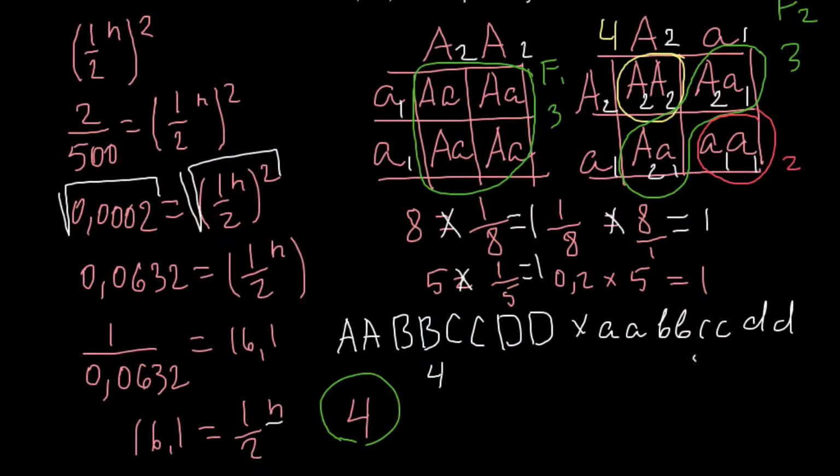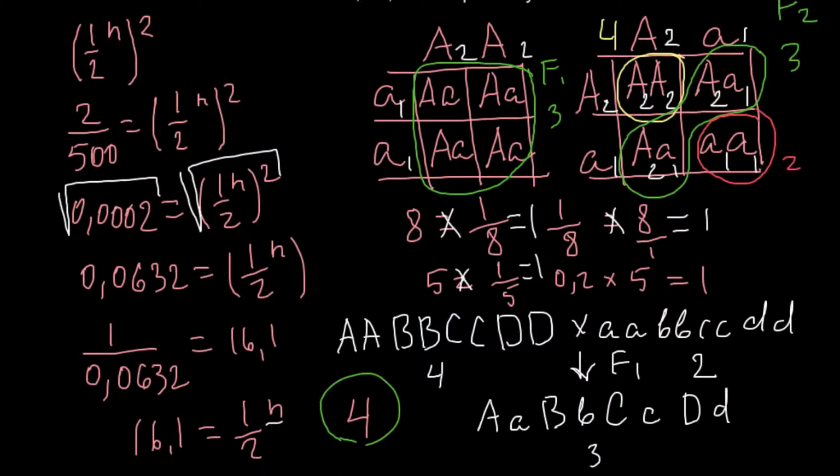And this is going to be 2 inches. When we cross these two parents, we are going to get the F1 generation that is going to be heterozygous for each locus. So the genotype is going to be capital A, small a, capital B, small b, capital C, small c, and capital D, small d. And this is going to equal 3 inches.